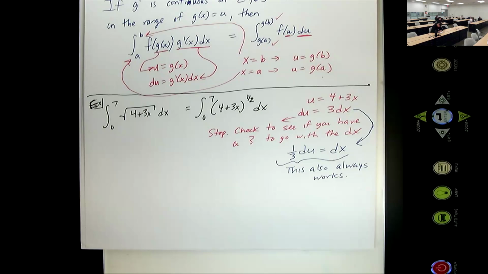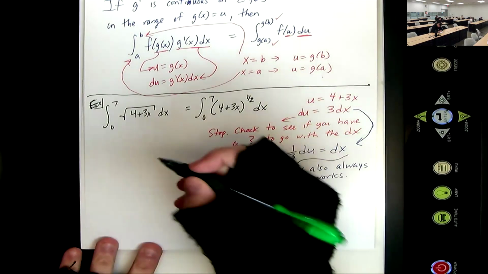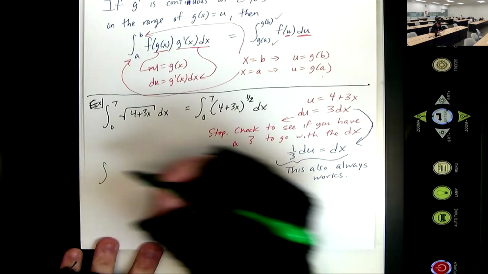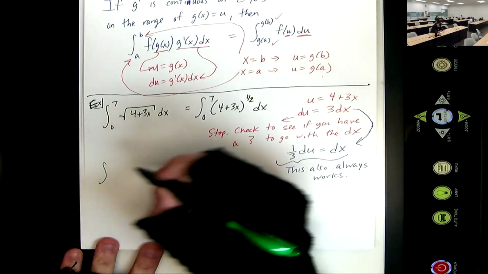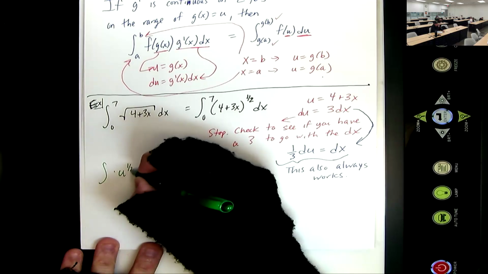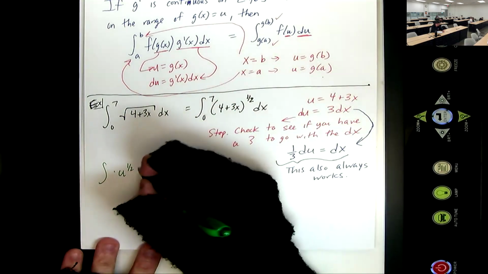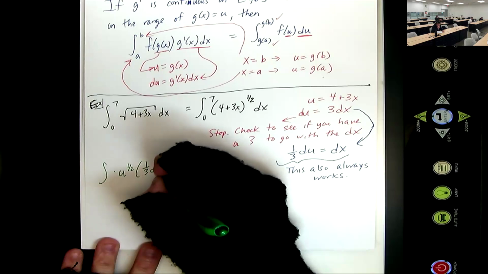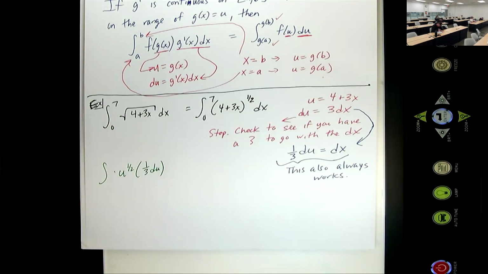Having said that, I've got my substitution change. I'm gonna be having u to the 1/2, and then I've got 1/3 du. The only thing I haven't done yet is change my limits of integration.